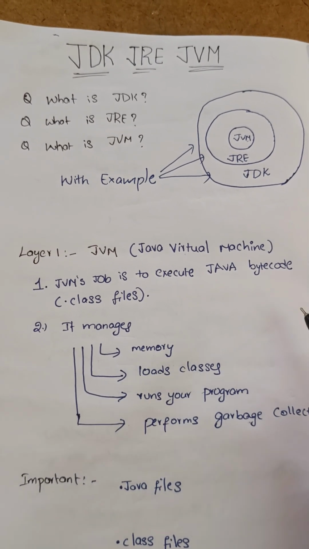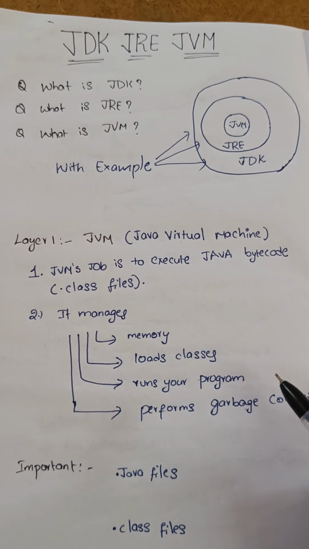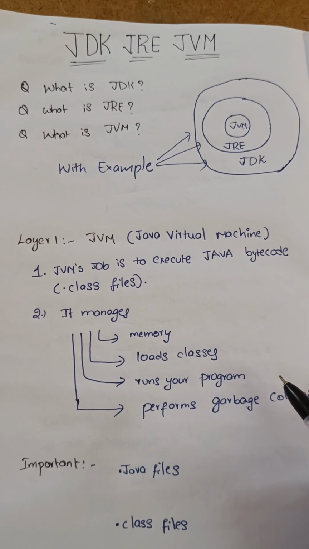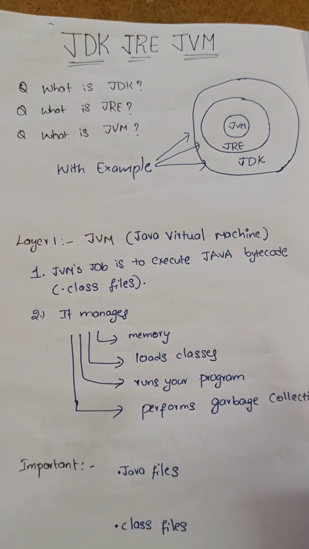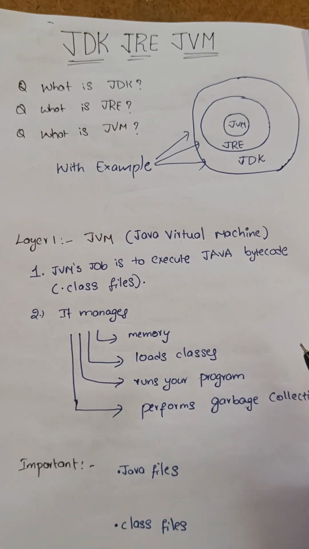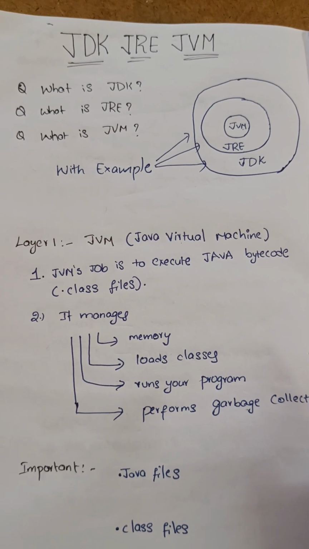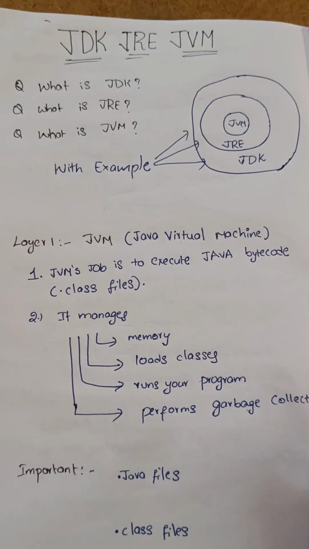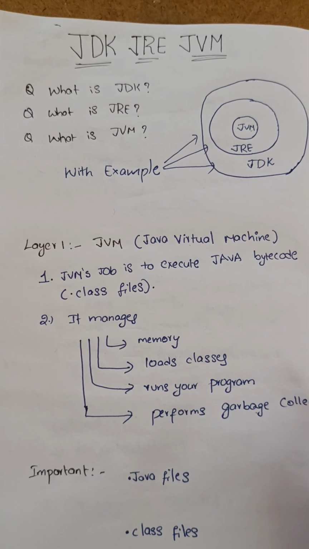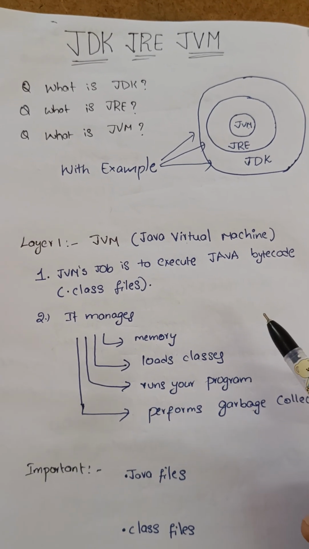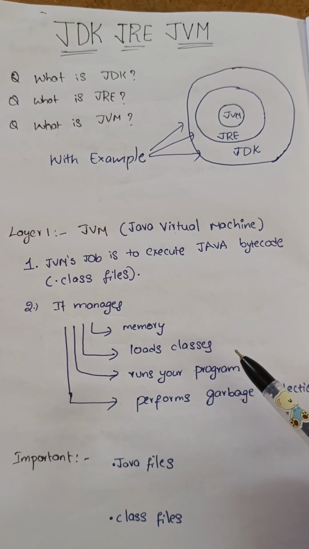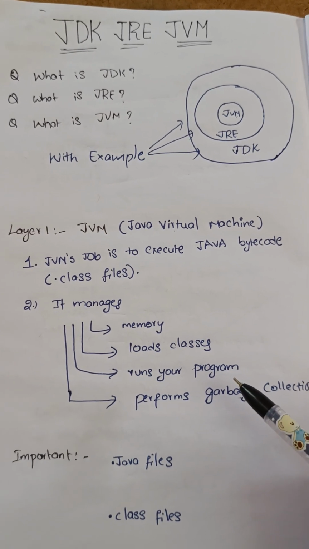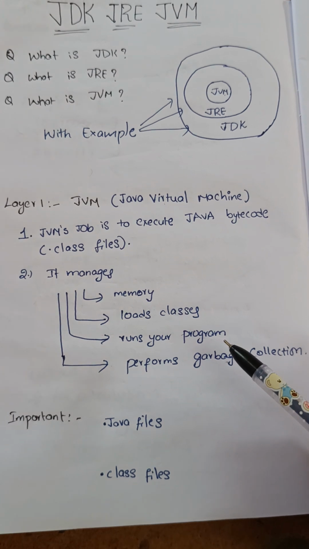There comes the JVM. JVM uses the .class files and converts them into machine understandable format, that is binary format, that makes the program executable. So it manages memory, loads classes, runs your program and performs garbage collection.